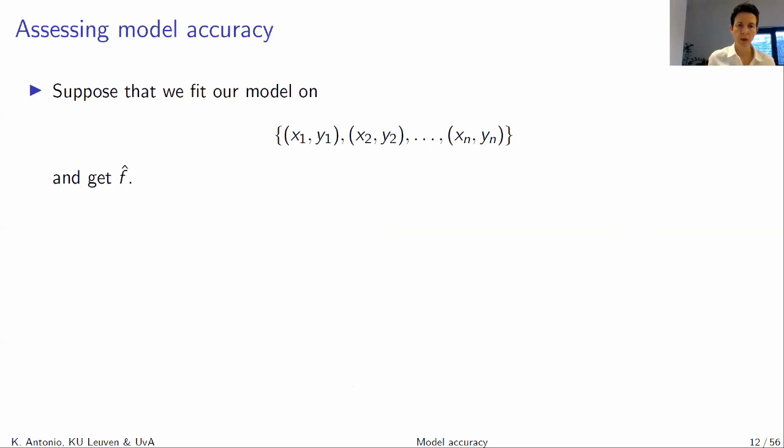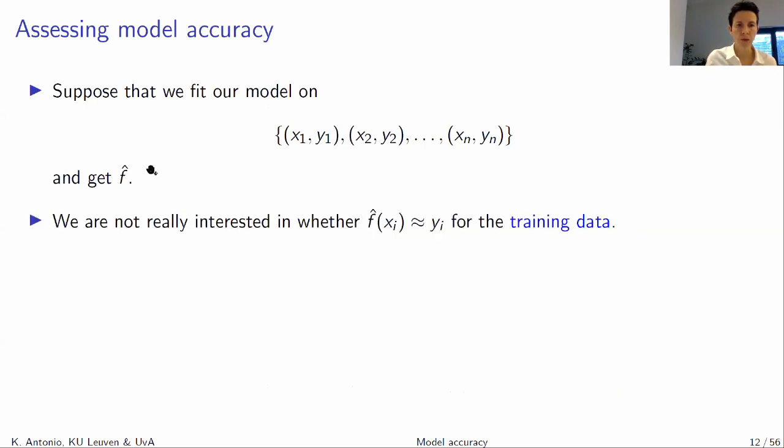Okay. Now, how are we going to express this accuracy? Say that we fit our model on a given data set. Here I have n observations in my data set. The y is the target variable, and x denotes the vector of input features. Say that I fit our model on this training data set, and I'll get the estimated model f hat, right?